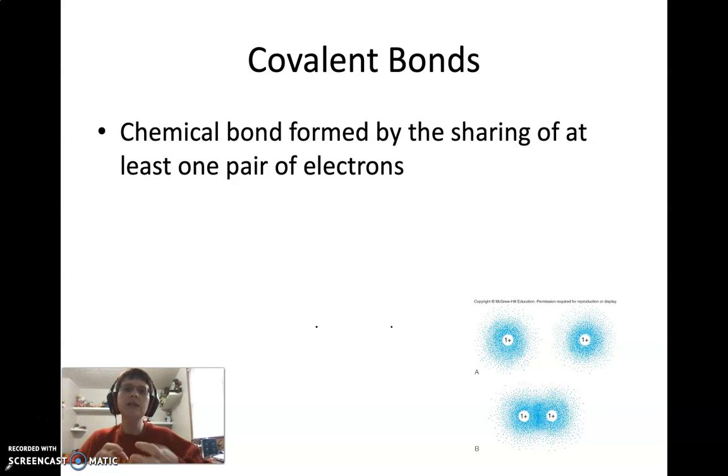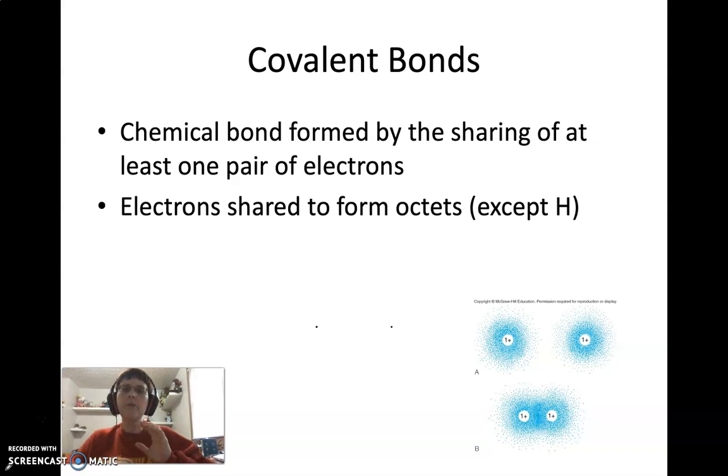We'll see in some cases they're actually going to share multiple pairs of electrons, but they have to share at least one pair of electrons. And they're going to do this to form their octet. The exception is hydrogen, which is who we're seeing over here. But remember, we've got other atoms.